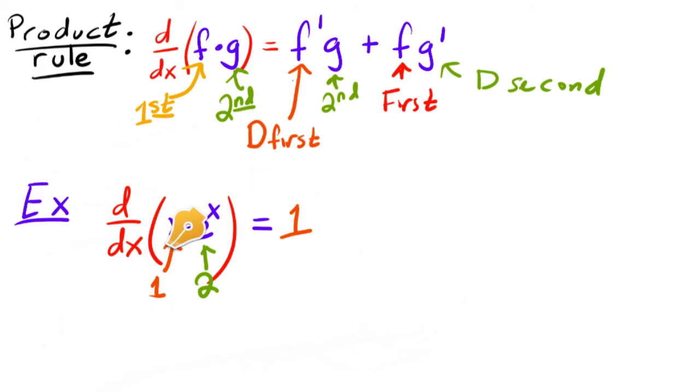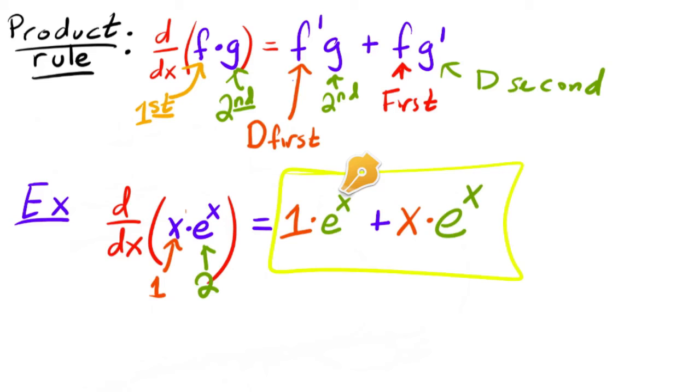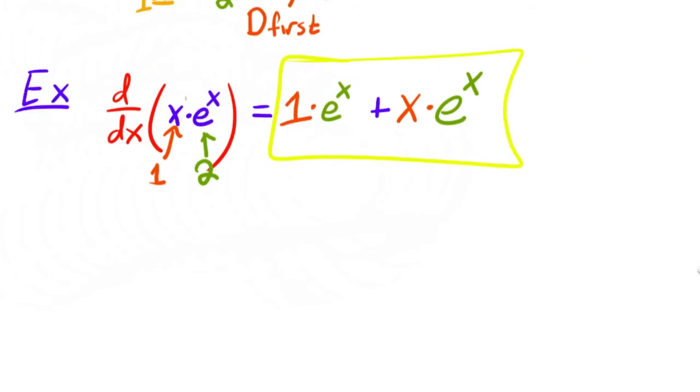Because this has an exponent of 1, so you bring that down and then subtract 1, so you get just the number 1, times the second, leaving it alone, so e to the x, plus the first, leave it alone, which is just x, times the derivative of the second. Now remember, e to the x is the only function whose derivative is equal to itself. And that's it.